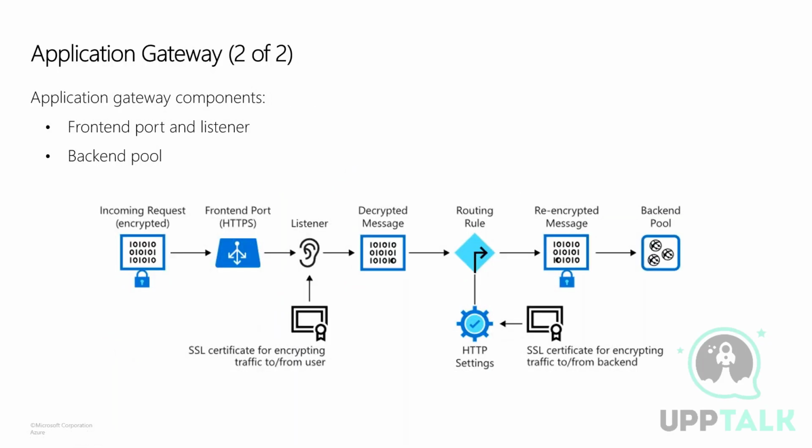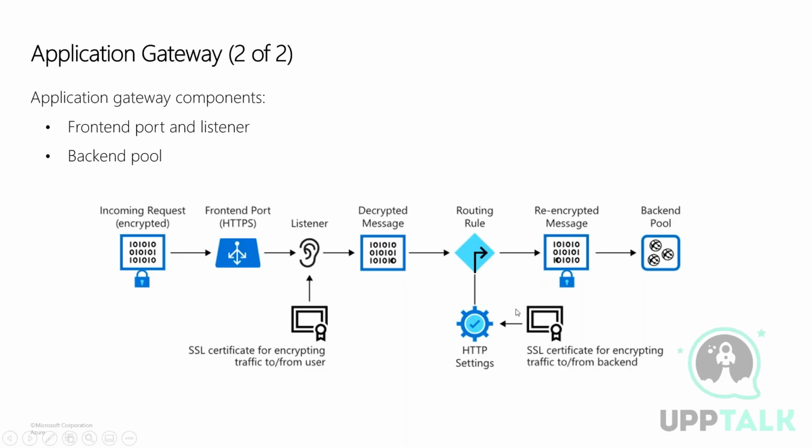As part of application gateway, whenever you receive an incoming request, this will be an HTTPS request. So you have your listener, and you'll have your SSL certificate configured over here. Once the decryption is done, you can specify your HTTP settings and a routing rule which will convert these HTTPS requests into HTTP.